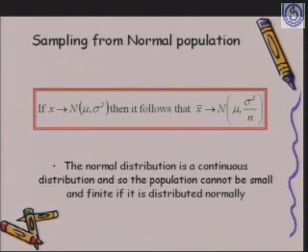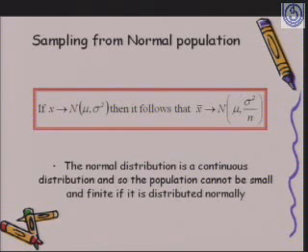So we are just saying that if one variable in the sample follows a normal distribution with mean mu and variance sigma square, then x bar will also follow a normal distribution with mean mu, because the expected value of x bar is equal to mu, and with variance sigma square by n, because we have just shown that the variance of x bar in both cases of finite and infinite population is sigma square divided by n into the finite population multiplier.